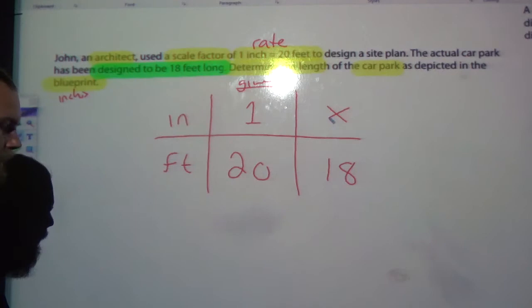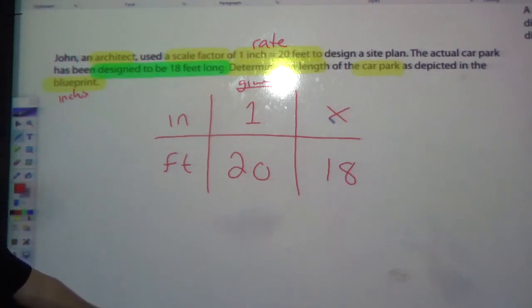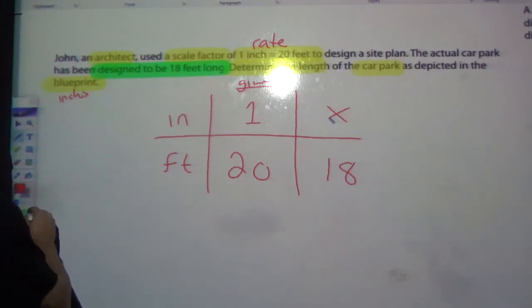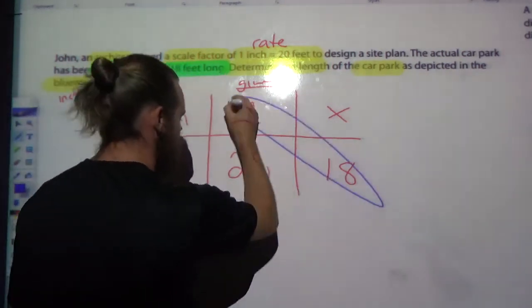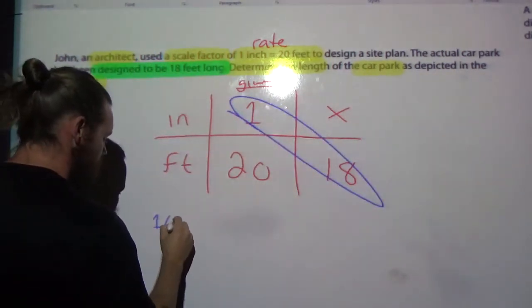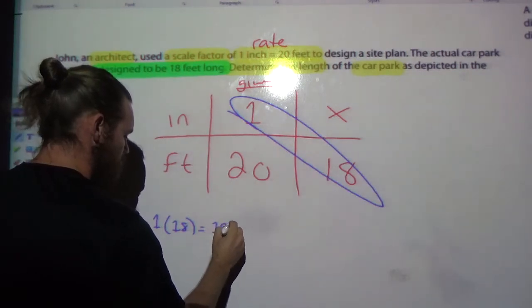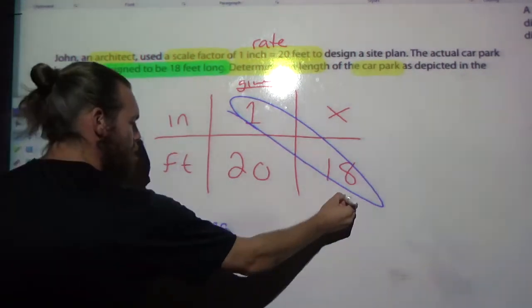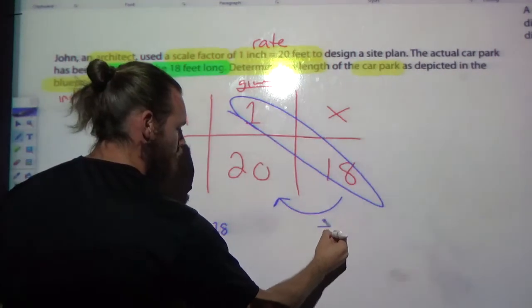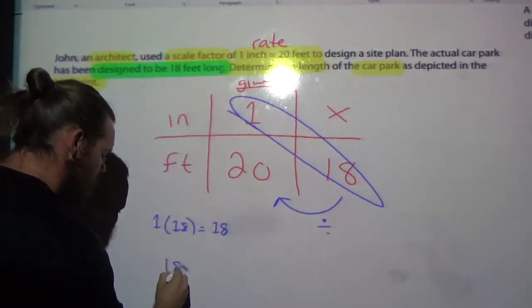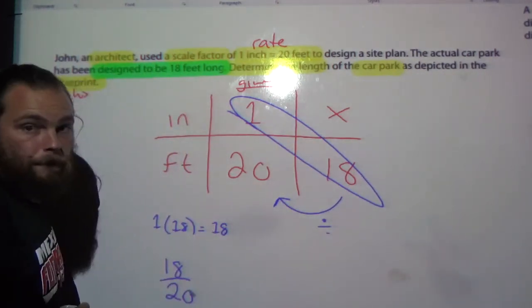From here, just like we did a while ago, we're going to cross multiply and divide. So cross multiply, we have 1 times 18, which gives you 18. And then divide by what's left. So we've got 18 divided by 20.